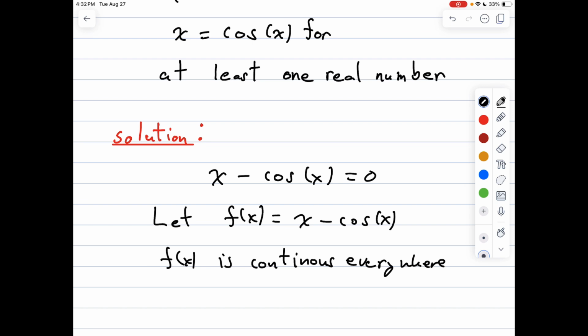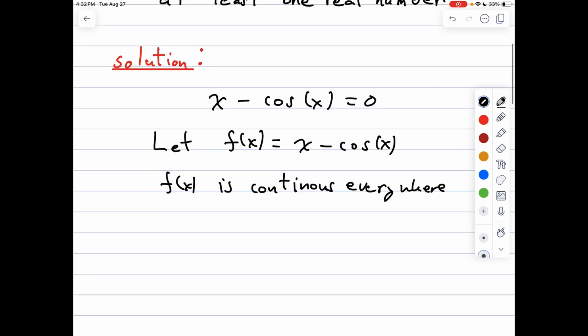Okay, and we're basically now looking at a question of whether your function attains a particular value. So in other words, f of x equals 0. So we're interested in a function equaling a particular value.